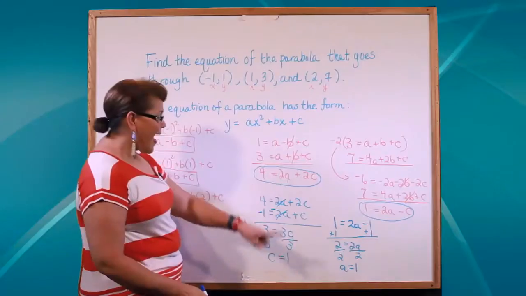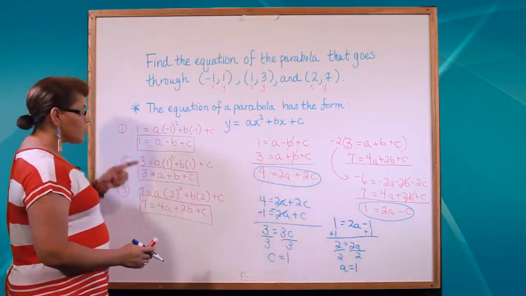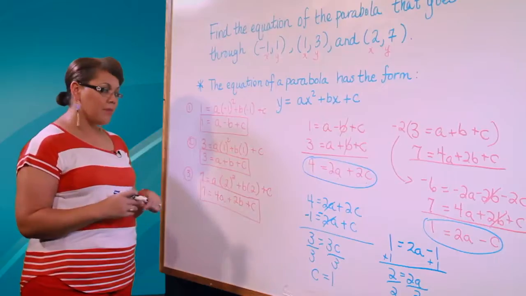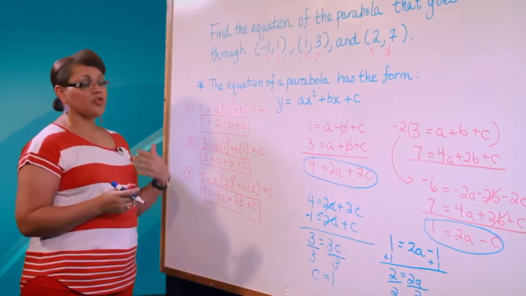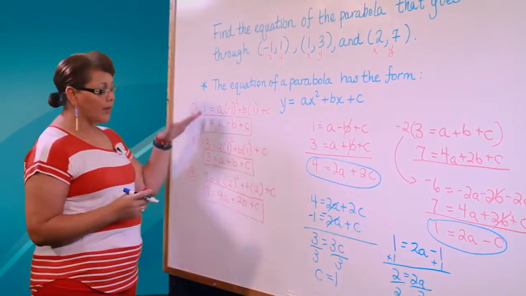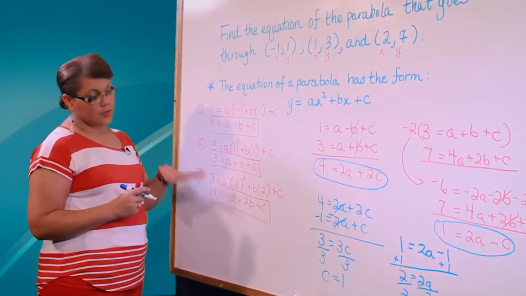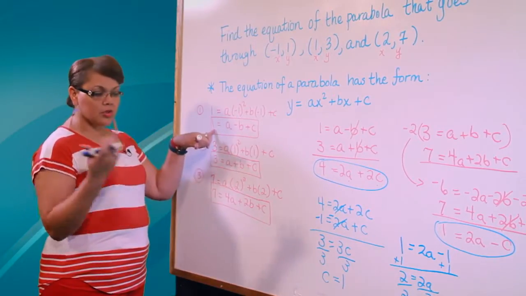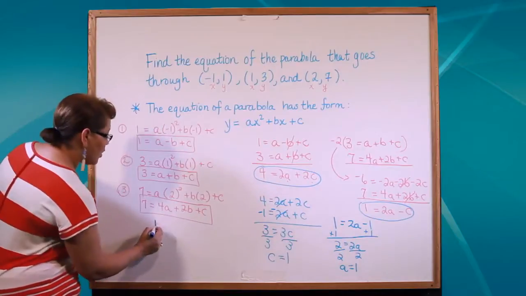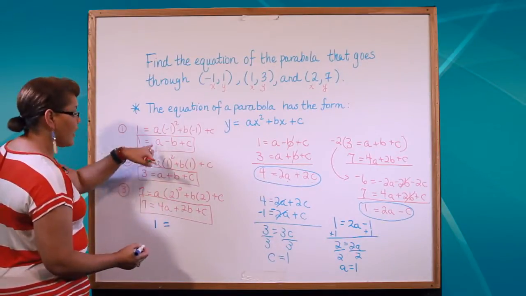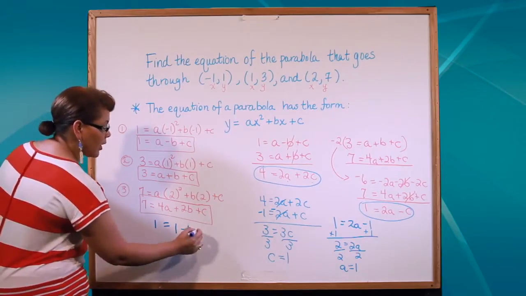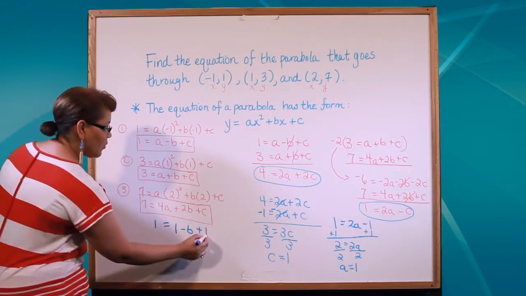Now I go back to one of the equations where all 3 variables are present to figure out the one that we're missing, and we are missing variable b. And just as you had a choice here, you have a choice as well to find b. You can use any of these 3 equations. So I'm going to just use the first one. So 1 equals, we found that a was 1, we don't know what b is, that's what we're looking for, and we found that c is also 1.